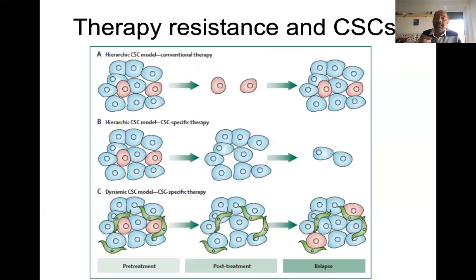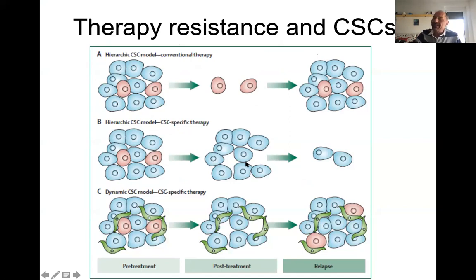And so when there is a therapy against cancer, it's very important that this therapy is able to destroy the cancer stem cells. Because you see, if you destroy the cells but not the cancer stem cells, you will have a regrowth. But if you are able to destroy the cancer stem cells, then the tumor will be stopped.